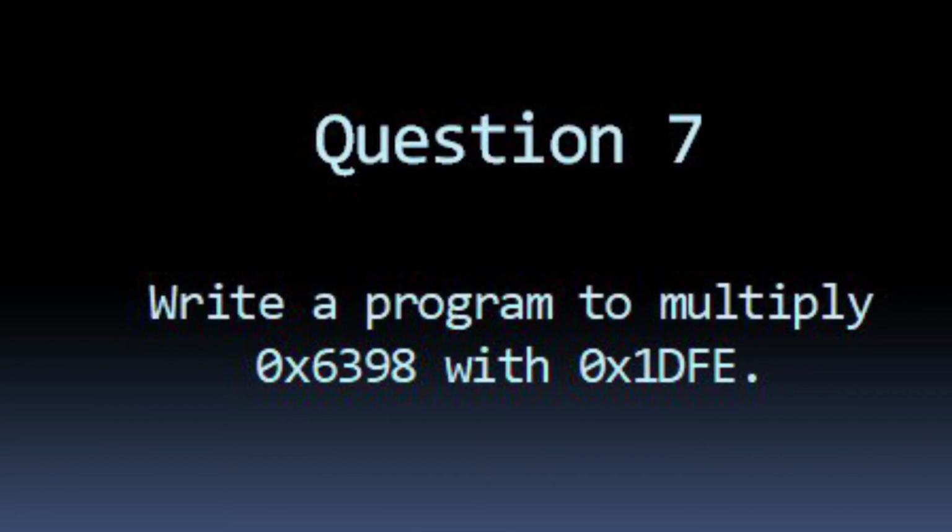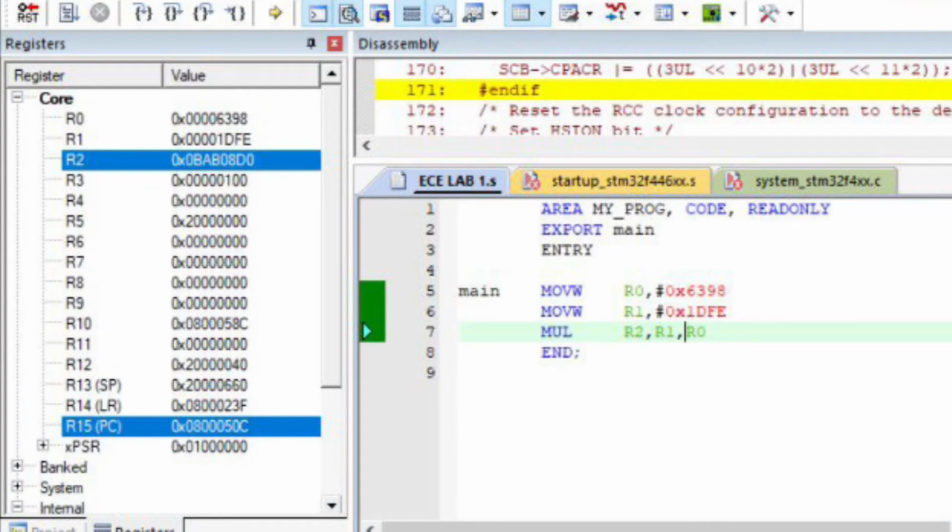Question 7. Write a program to multiply. This question asks to use the multiply function. So I use MOVW because it is a 16-bit value for R0, and also for R1 I use MOVW. For R0 I write #0x6398.